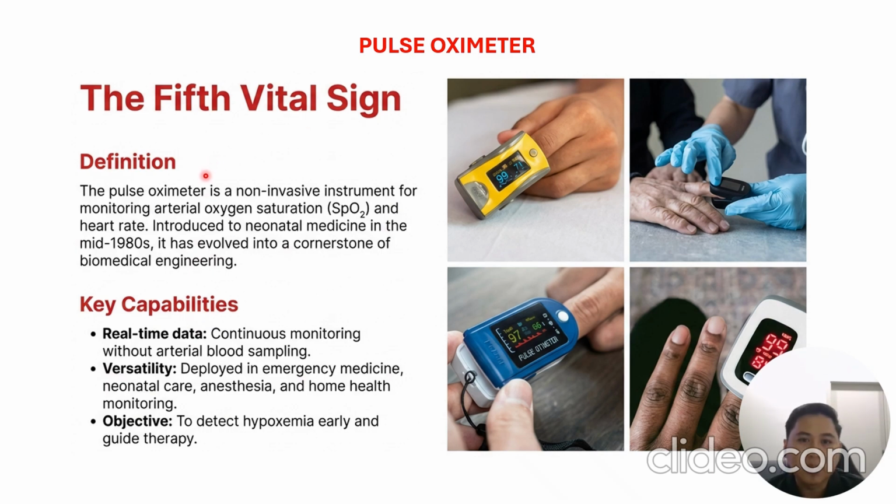It was first introduced in the 1980s. This non-invasive device monitors arterial oxygen saturation (SpO2) and heart rate. Its key capability lies in providing real-time, continuous data without the need for arterial blood sampling. This versatility allows it to be used everywhere, from emergency medicine and anesthesia to home health monitoring.